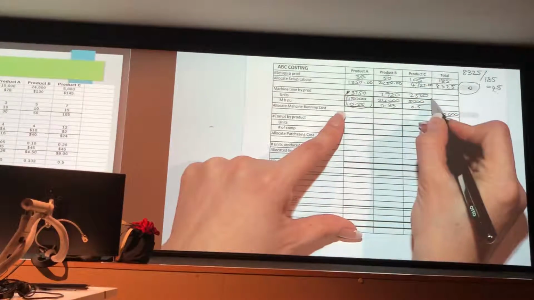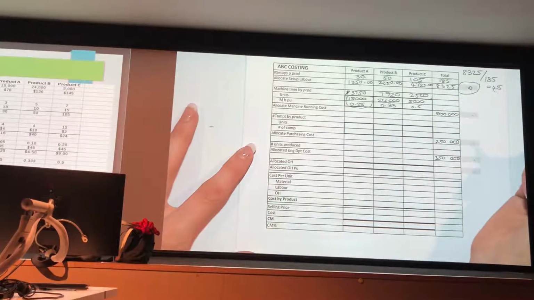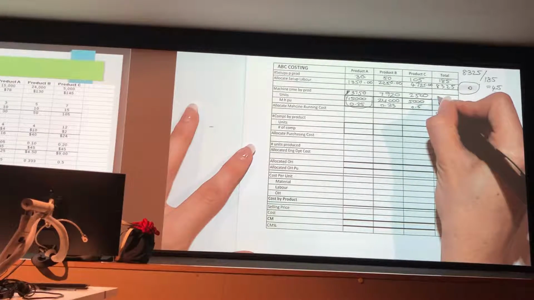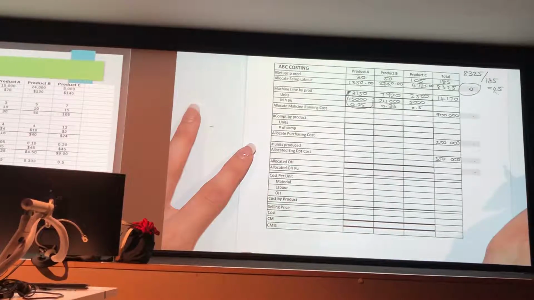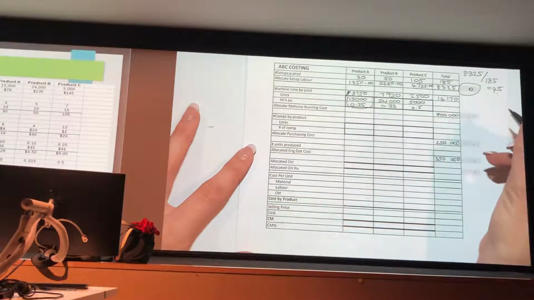If we add up all these numbers, what do you get? You should be getting 14170. Everybody get that? Good. So the same goes as what you had before.